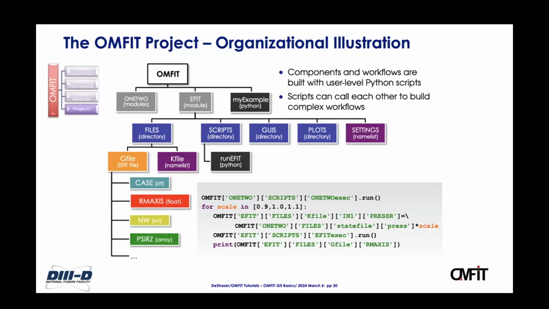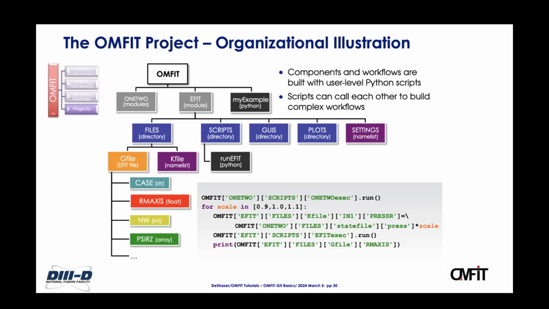So you might have several modules in there, like a 1, 2, and an EFIT, and then maybe your own custom module that you put in. Within EFIT, it'll have a files directory with the files that you maybe G file, K file, and then run scripts will be under the scripts thing. This is an illustration of a typical organization within a tree. Just to give you a visual on how things are organized.